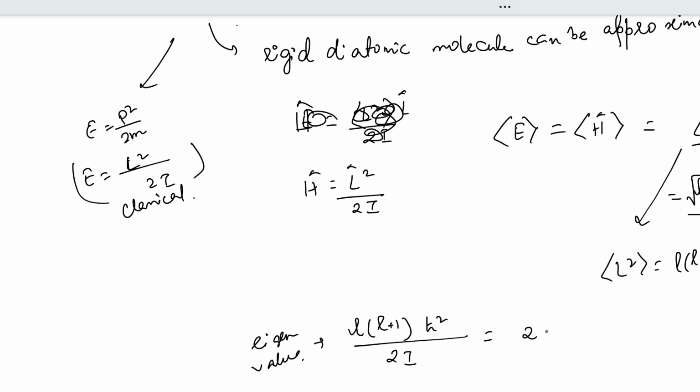This is equal to what is given in the classical case, that is 2 pi square I nu square. So 4 pi squared I squared nu squared is equal to L into L plus 1 h cut square.